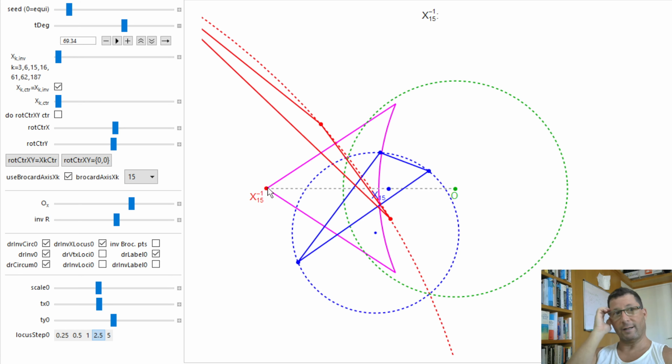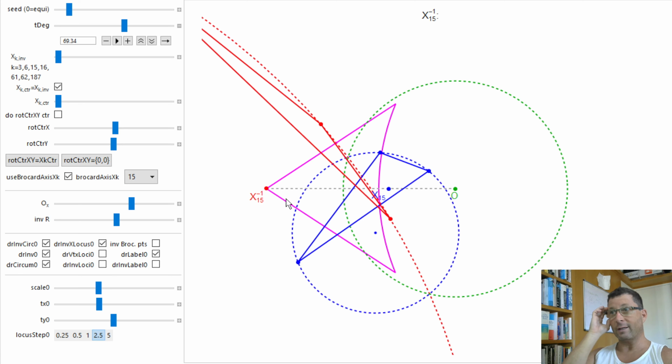This stationary point here, X15 of the inversive, is going to discontinuously jump from this point over to this point, to this tip of this arc of a circle, this inverted arc of a circle here. This is actually a perfectly circular arc, but it's going to discontinuously jump. So you can safely ignore this artifact here, this straight line that is connecting this stationary phase of the locus to this non-stationary circular arc of the locus.